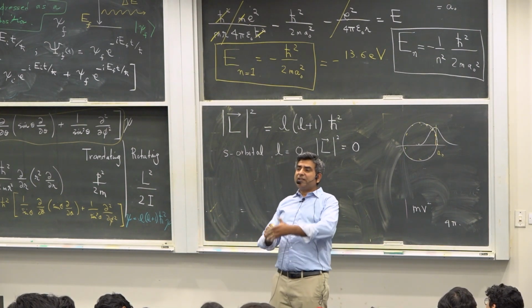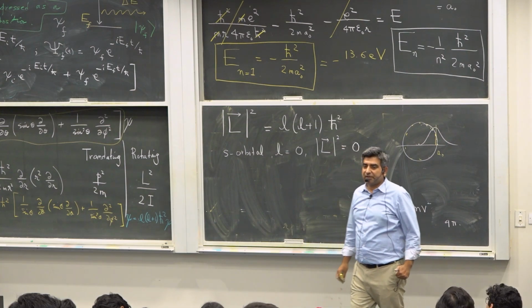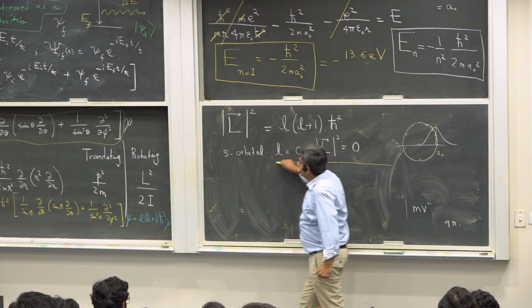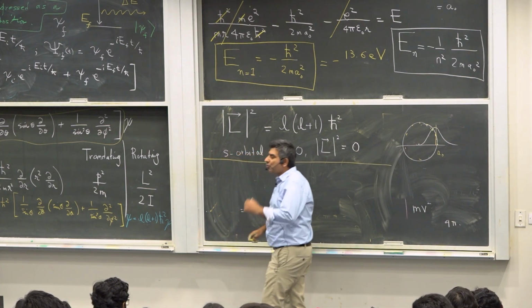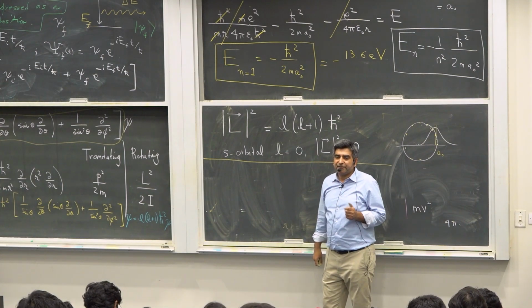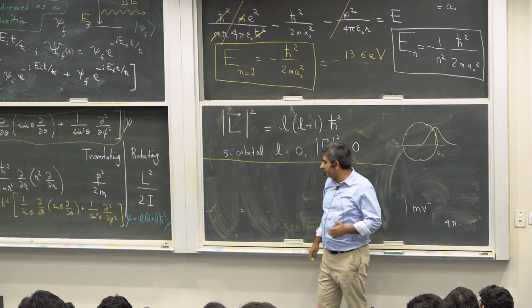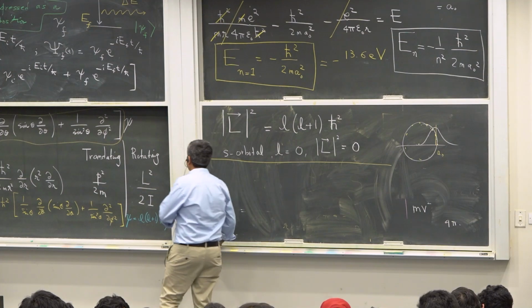What does the third quantum number ml represent? Now, the third quantum number is something I could simply kind of show. It's easier.